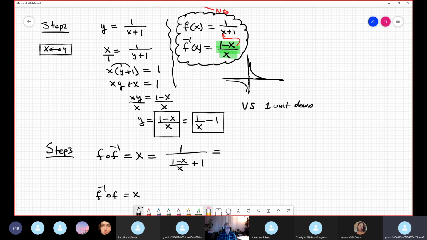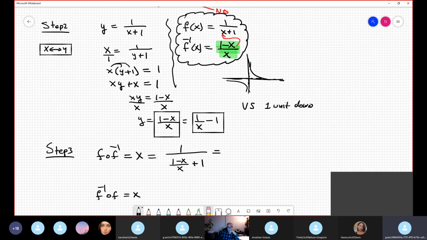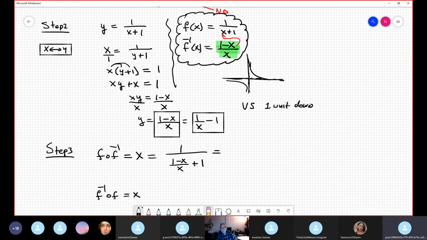Do you understand what you are doing? Yes or no? Confusing? A little bit. Okay, composition. Composition is one function inside another function. We have that function, 1 over x plus 1. This is f. And the inverse is (1 minus x) over x.